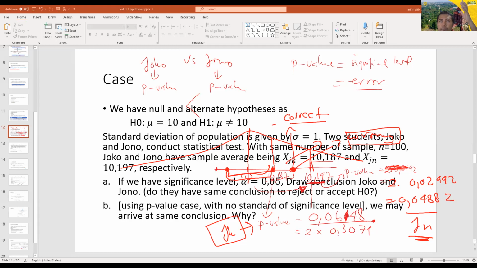Make a smaller gap but also decrease the error. The solution is increasing the number of samples. When we increase the number of samples, the probability gets sharper and the error gets smaller. That's the point.